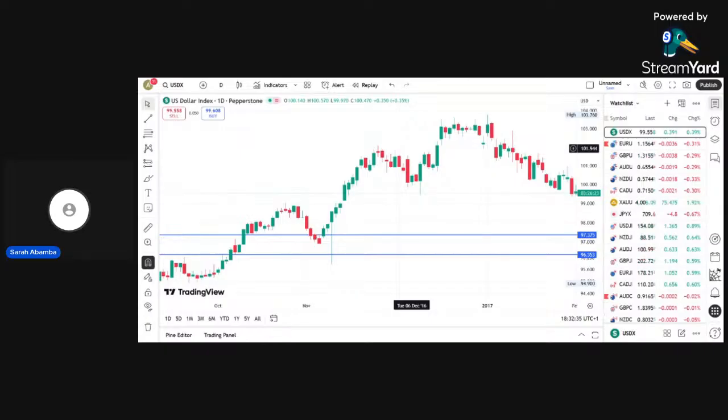Like on Monday when I set this trade, the GBP CHF trade, and it was actually ranging. So we sold, and someone asked if we can buy when the market gets to the support. I said no, we wait for a confirmation. And thankfully, when the market got to the support, it broke through it. If we had just entered because the trade was at a support, we would have lost a lot of money.